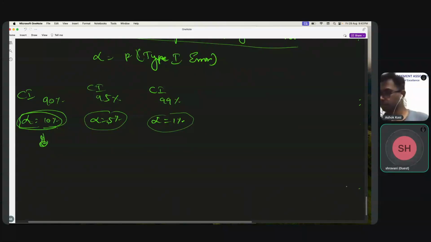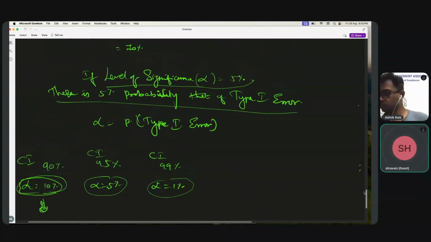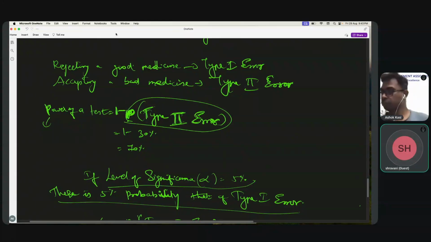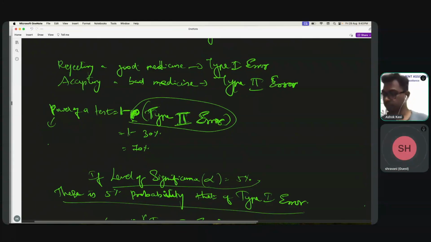Does power of test mean the same thing, rejecting type 2 error? Power of test is the opposite. Power of test means the ability to correctly reject when it is false. What does that mean? Say the probability of type 2 error is 30%.